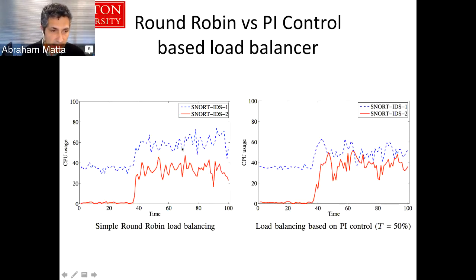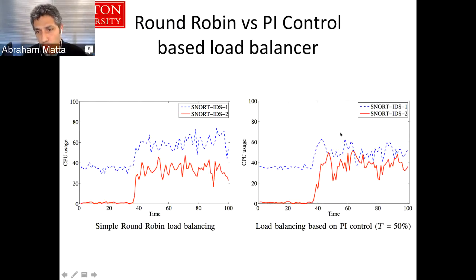Traffic gets replicated to snorts for intrusion detection in a round-robin fashion. As you expect, the load stays unbalanced, still 60-40% load on the two VNF or snort hosts.